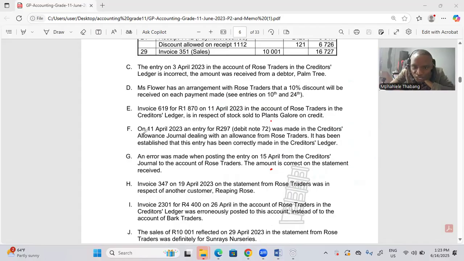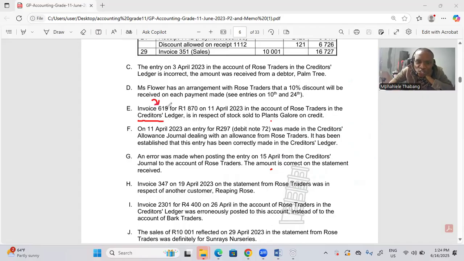Okay, let's check this one. They are saying invoice 619 for 1,870 on 11 April 2023 in the account of Rose Trader in the creditors ledger. So if we go to the creditors ledger and we check invoice 619, we are going to find it.